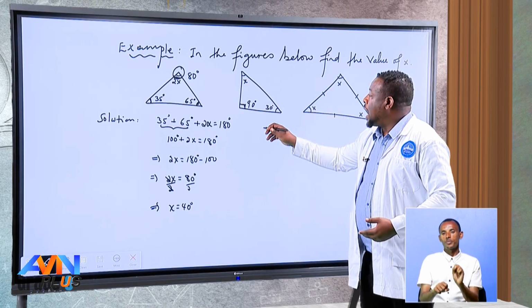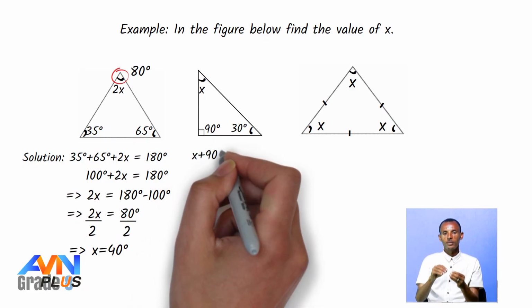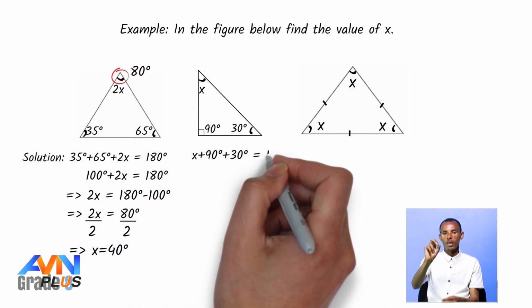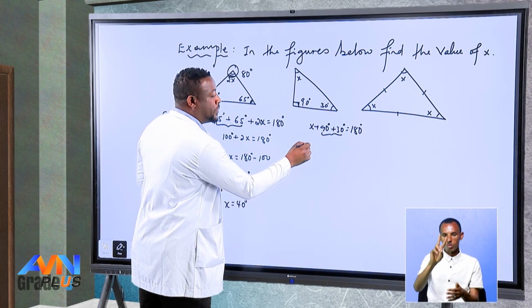So x plus 90 degrees plus 30 degrees is 180 degrees. So the sum of these two is 120.